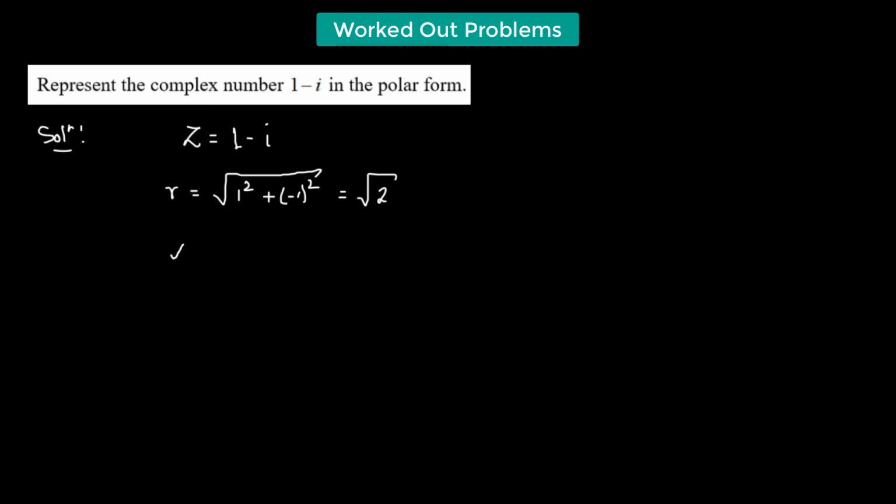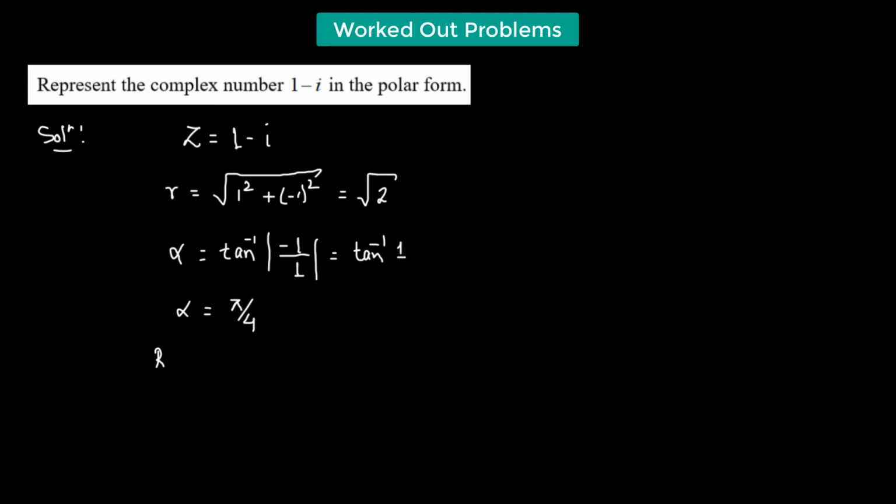Then we find the angle alpha, which is equal to tangent inverse of the absolute value of the imaginary part, which is negative 1, divided by the real part, which is 1. So this is tangent inverse of 1, which is pi over 4.